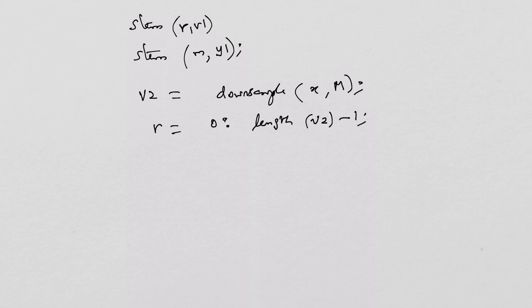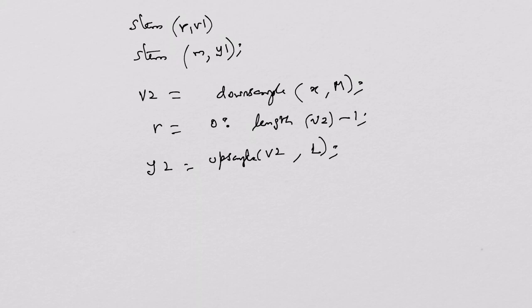Y2, what is Y2? Y2 is equal to upsample of V2 comma L. What is the upsampling operation? For example, input is V2. Let me upsample it. What is the factor with which it has to upsample? L. Okay, upsampling is over.